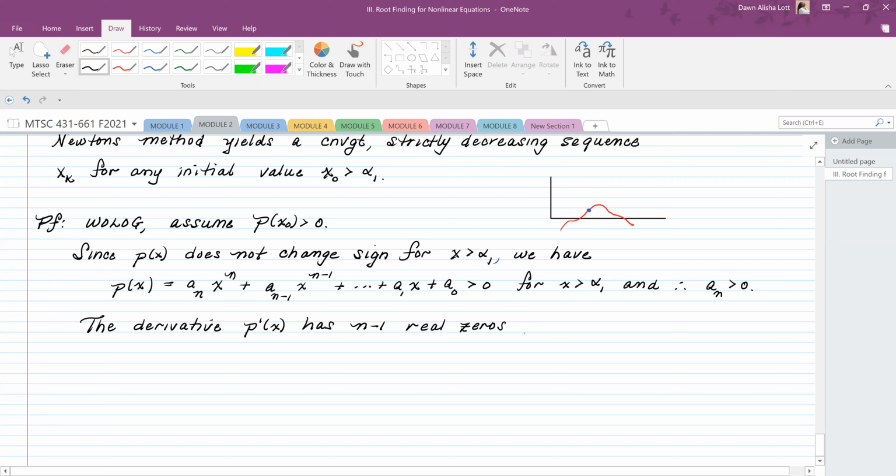And I'm going to call them beta i, with the fact that alpha 1 is bigger than or equal to beta 1, which is bigger than or equal to alpha 2, which is bigger than or equal to beta 2, because they are occurring in between, which is bigger than or equal to all the way down to beta n minus 1, which is bigger than or equal to alpha n, by Rolle's theorem.